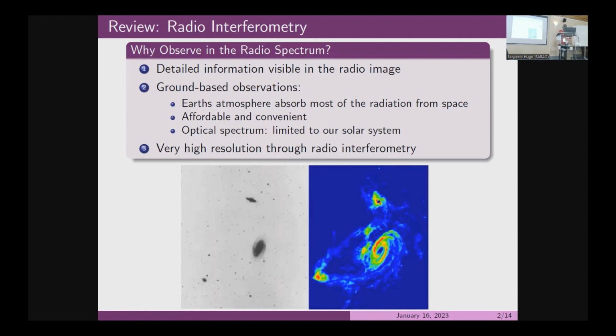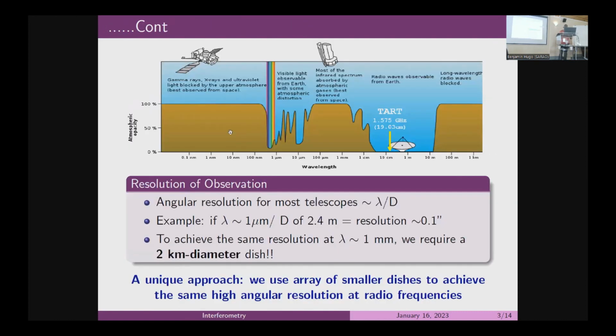So we then use radio astronomy, use the radio waves, because within the electromagnetic spectrum, you realize that in the atmosphere, most of the radiation will be absorbed. But within this spectrum, where we actually have TART and other interesting science going on, the characteristic of radio waves is that they can penetrate through the medium.